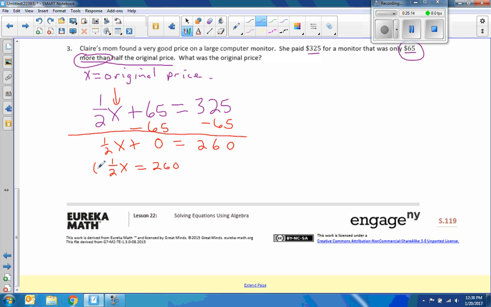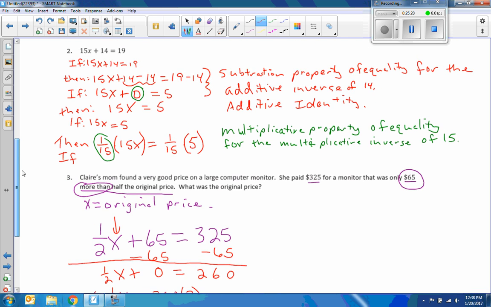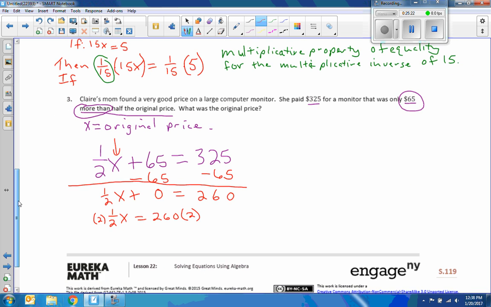Then I'm going to multiply both sides by 2. Okay? Because I have a half of x, I want 1x. So that's called multiplicative property of equality for the multiplicative inverse of 1/2. So the multiplicative inverse of 1/2 is 2. Flip 1/2 over, you have 2 over 1, which is simply 2. I can write it as 2 over 1.